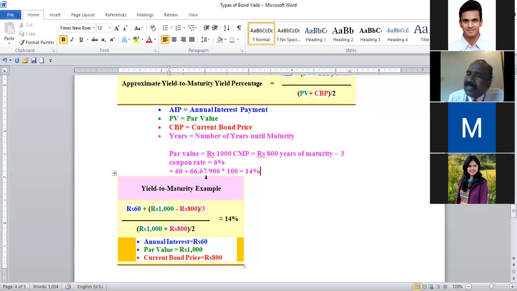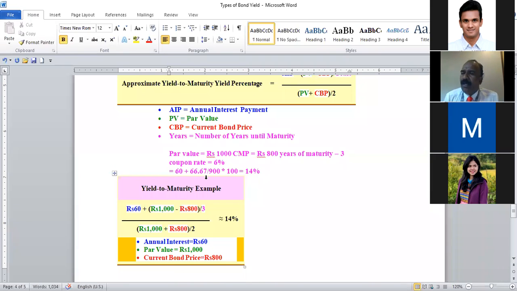The market price is less, which means a discount bond. When it is a discount bond, the current yield will be higher than the nominal yield. Nominal yield is 6%, so your answer should be more than 6%. That is 14%. By looking at the case, you will come to know whether your answer will be higher or less than the nominal yield.